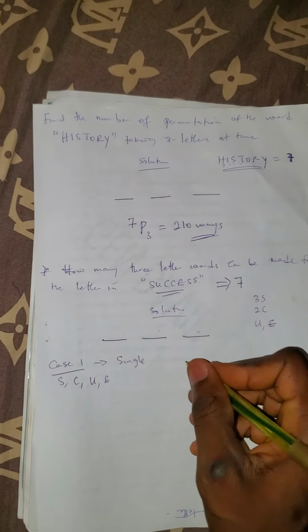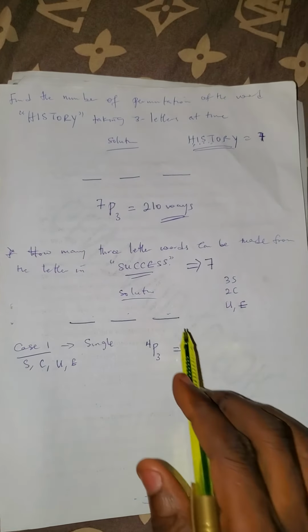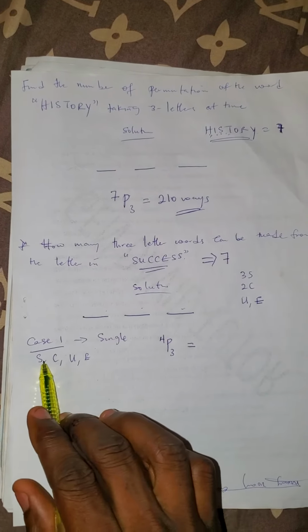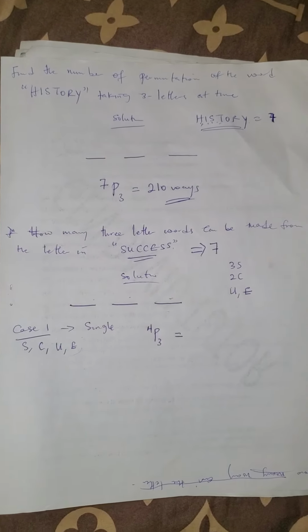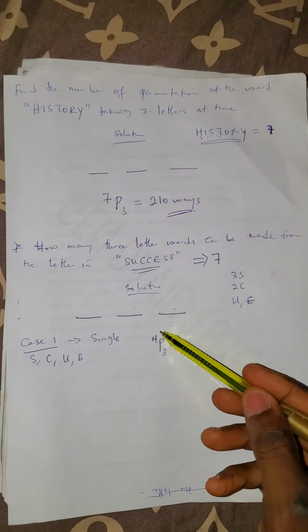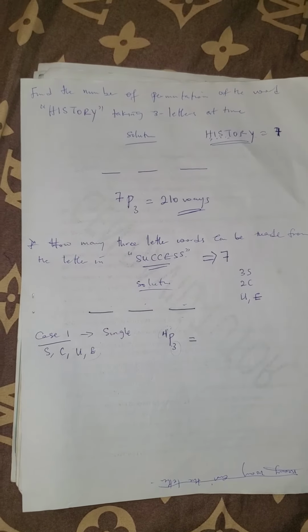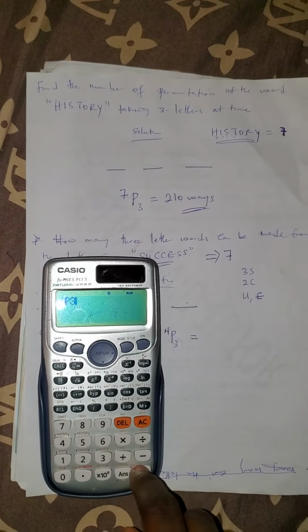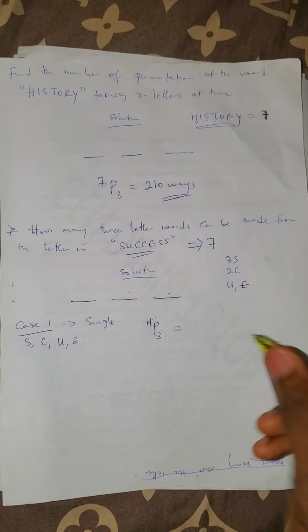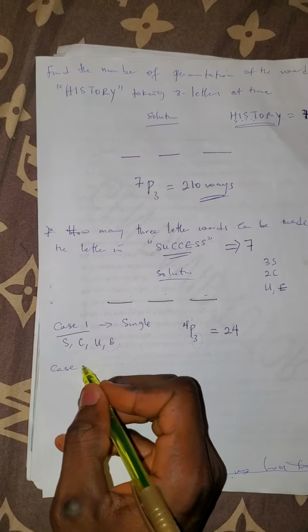That's why the first case here will be 4 permutation 3. We have 4 elements that can be put here, but we only need 3 letters. That's why it is 4 permutation 3. The answer is 24. That's the first case.